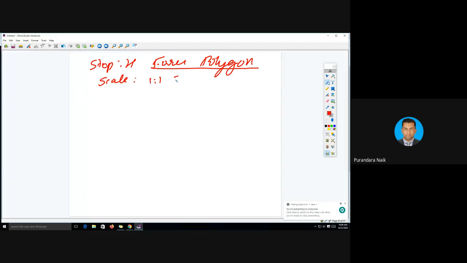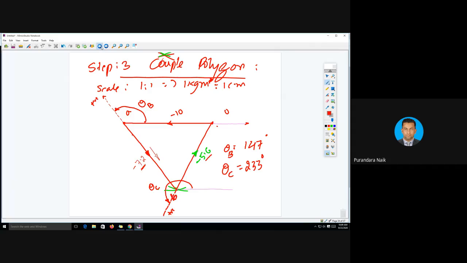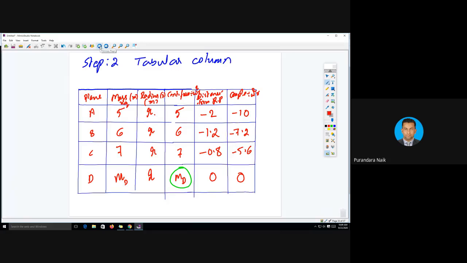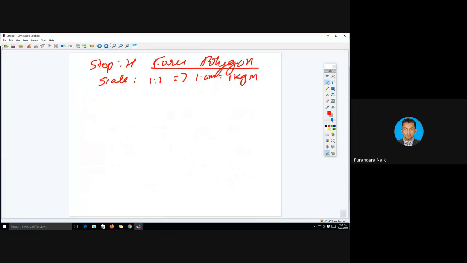One to one scale, that is 1 centimeter is equal to 1 kg m. The first one, A is 5, 0 degree. Mark the point somewhere here, O, 0 degree, 5 centimeter.